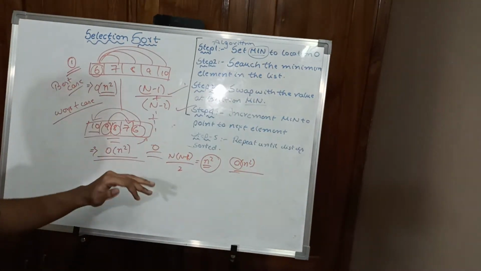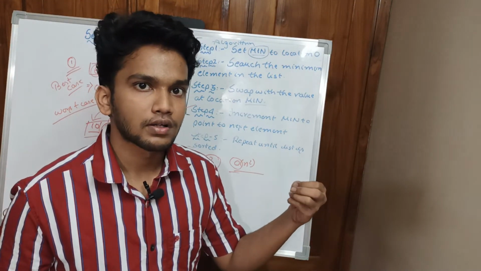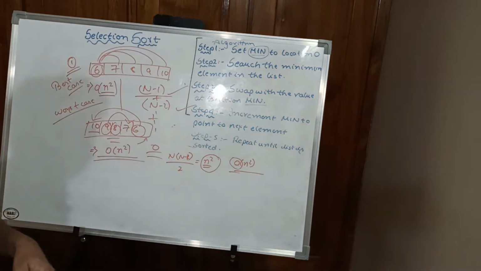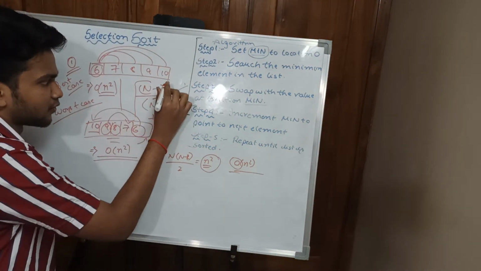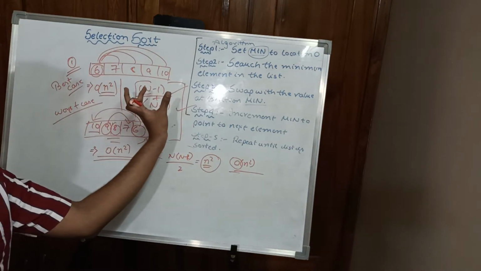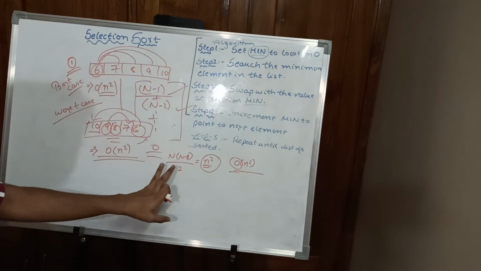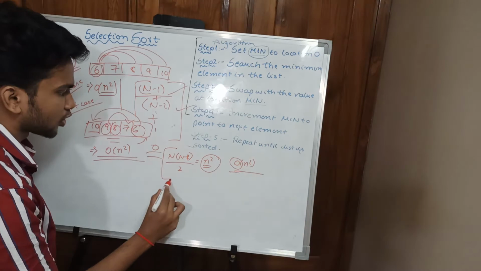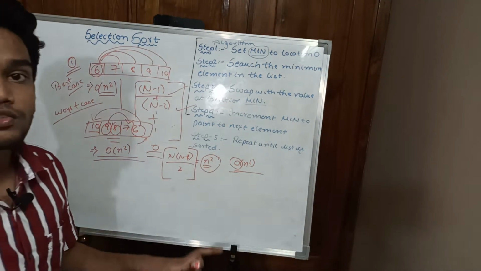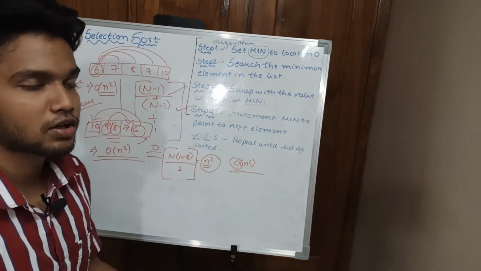In that also we made almost every element a comparison with the minimum element, and we checked every time which element is minimum. For all those checks, n minus 1 comparisons are made in the first pass, and so on it will continue. And we have a formula, just remember this formula, n into n minus 1 by 2, which gives the equivalent of n square. So this is represented as order of n square.